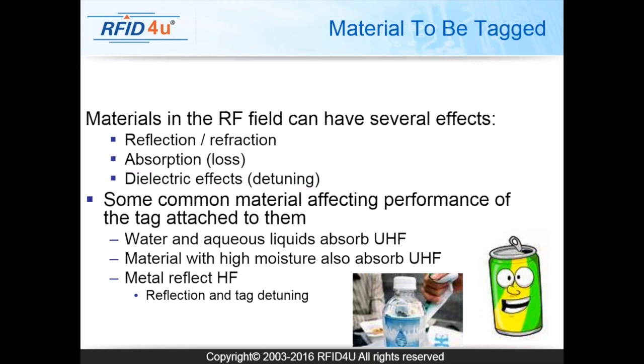Now, that wave going back has to be the same frequency at which it was sent, so that the reader can get it and understand it. Some material will change the frequency enough that the reflected wave can't be recognized or read by the reader. So that's the dielectric effect or detuning.